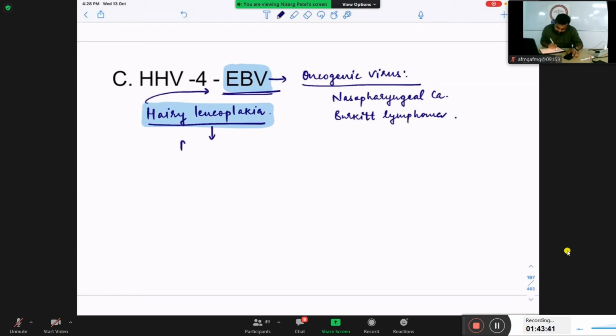But this condition is not pre-malignant. It is associated with HIV.